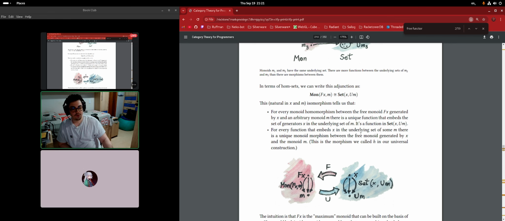Between F of X generated by X and an arbitrary monoid M, so we're talking about these two guys right here, there is a unique function that embeds the set of generators X in the underlying set of M. It's a function in this guy right here.